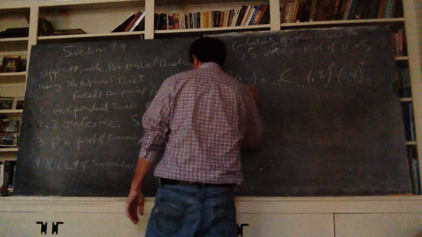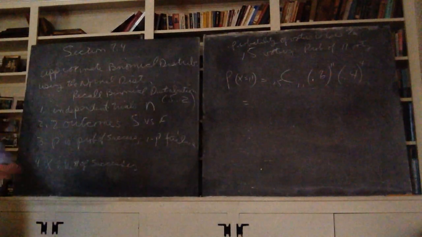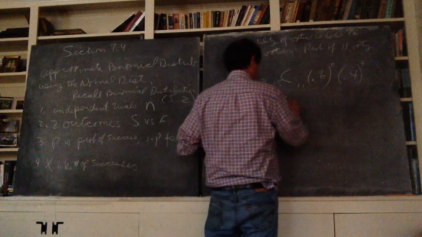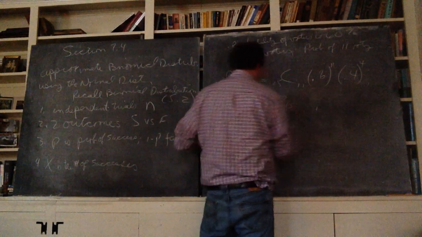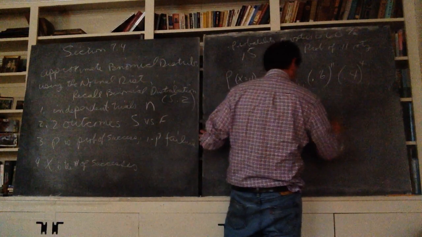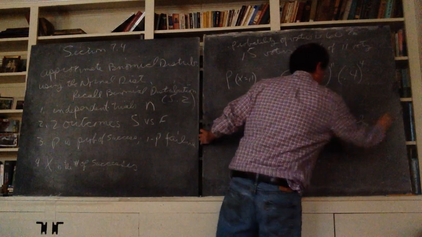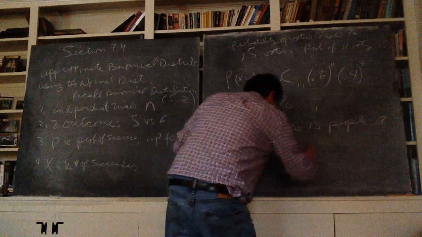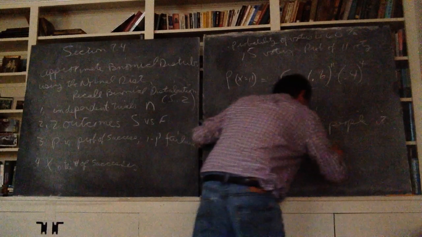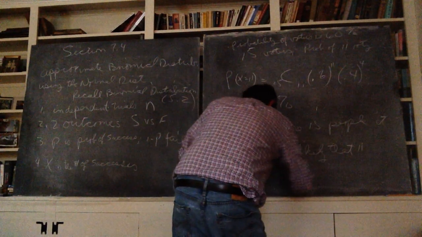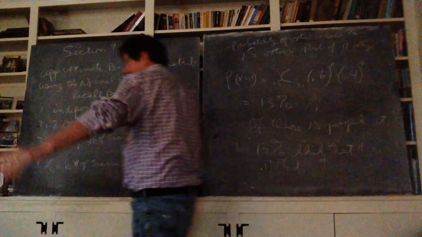And I did this, 13%. Of these 15 people, it is 13% likely that 11 voted. Okay, so that's the binomial theorem.